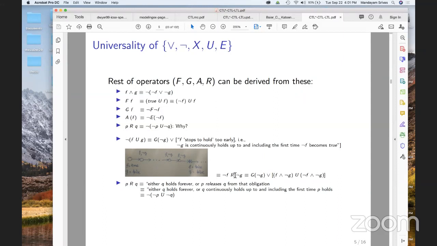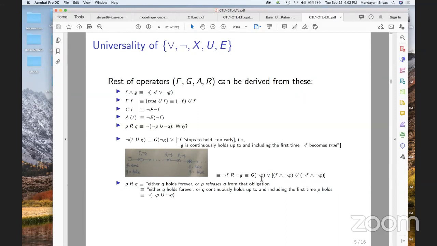The reason for including R in some cases is that when you expand it this way, it has multiple occurrences of not G. Sometimes when you do model checking, you want to get these formulas into a normal form in which negation is pushed all the way to the atomic level.